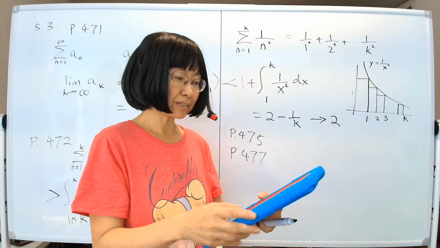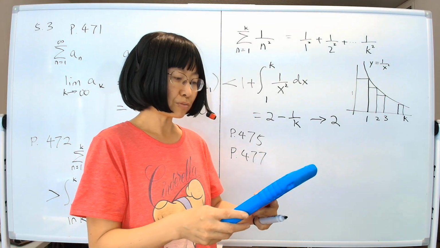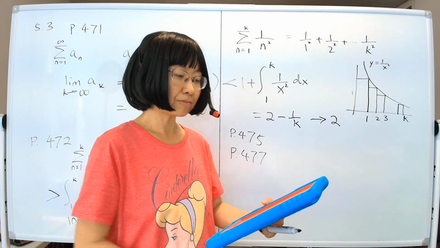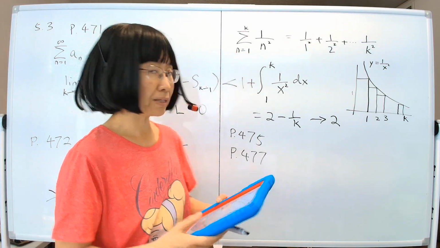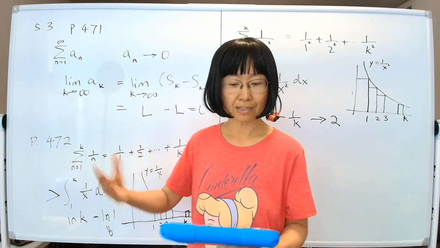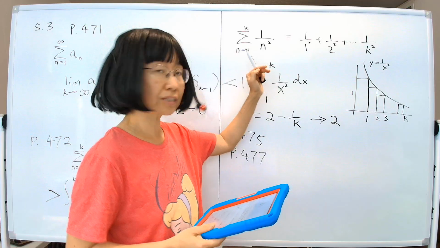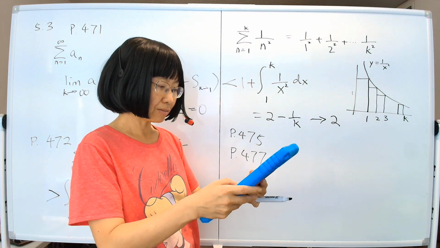But first, we need to figure out whether the p-series itself converges. That depends on the value of p. We already know that when p equals 1, it becomes the harmonic series and it diverges. When p is 2, it converges. We already said that. But what happens the rest of the time?